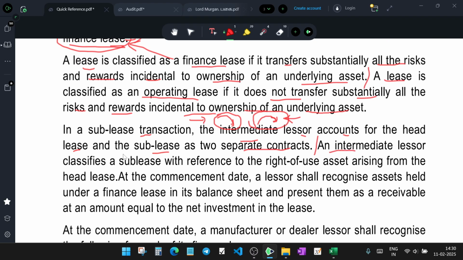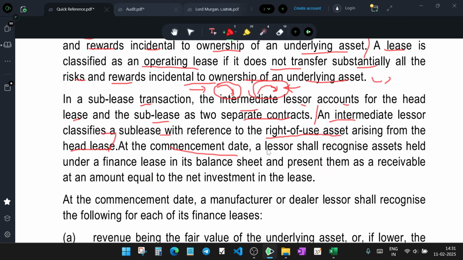An intermediate lessor classifies a sublease with reference to the right of use of asset arising from the head lease. So they need to show it as head lease, and then revenue is also to be considered. At the commencement date, the lessor shall recognize assets held under a finance lease in its balance sheet and present them as a receivable in an amount equal to the net investment in the lease.